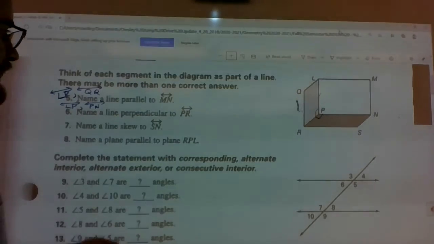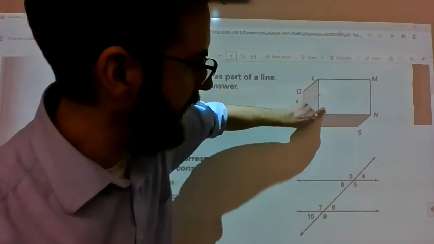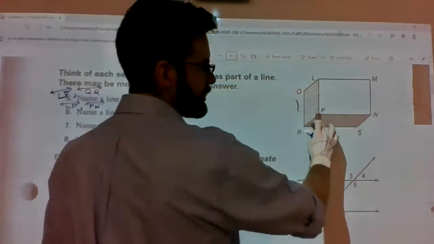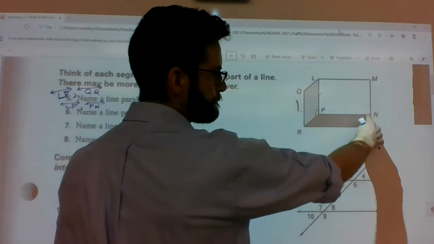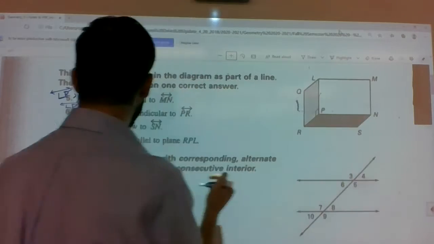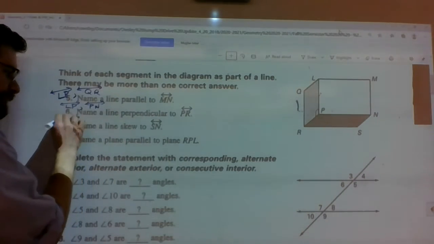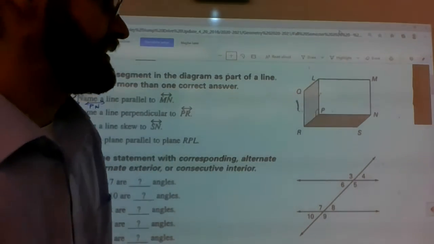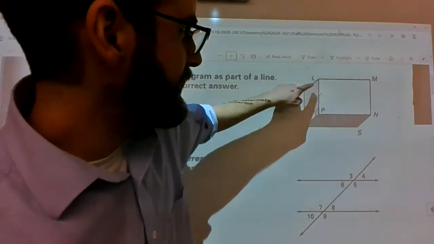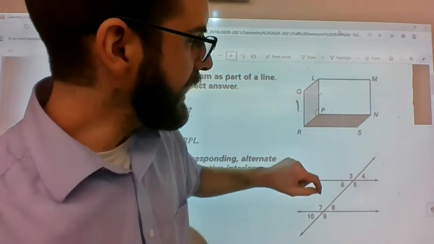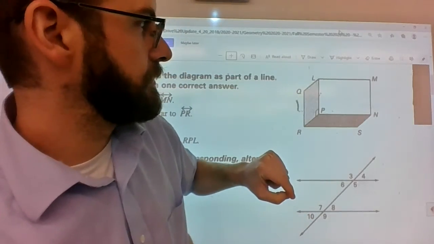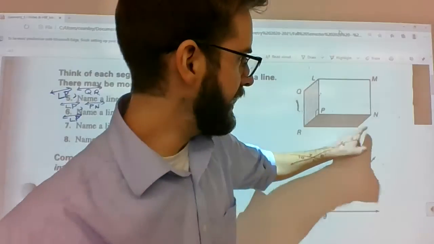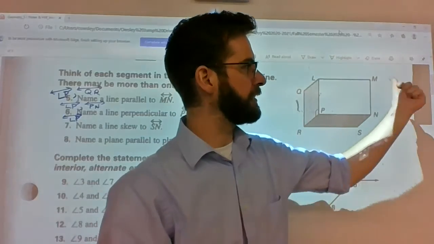How about a line that's skew to SN? So it doesn't intersect SN, and it's not on the same plane. LP doesn't. Looks like LP is the answer for almost all of them, right? How about LM? Would LM ever intersect SN? No. SN just goes up forever like this.